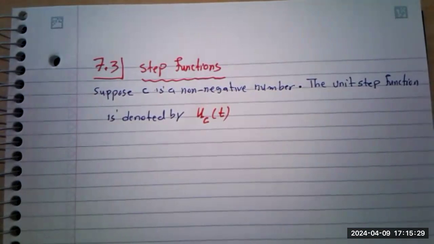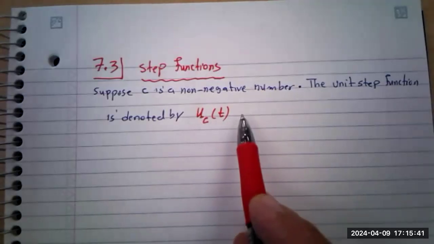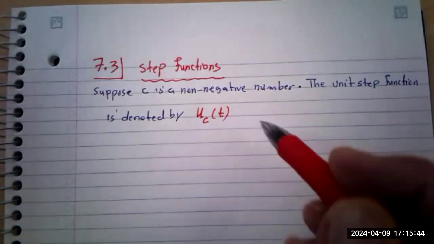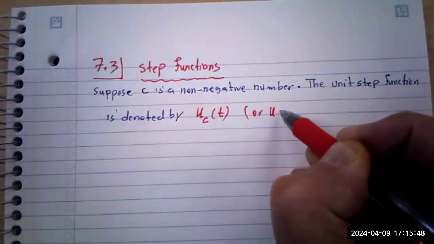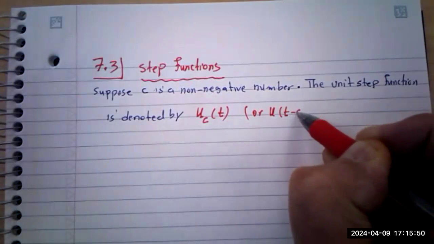of t. There's a notation in your book, which is a very bad one. This is the more standard one. I'm not going to use that one. The notation in your book, instead of UC(t), goes with something like U(t minus C).